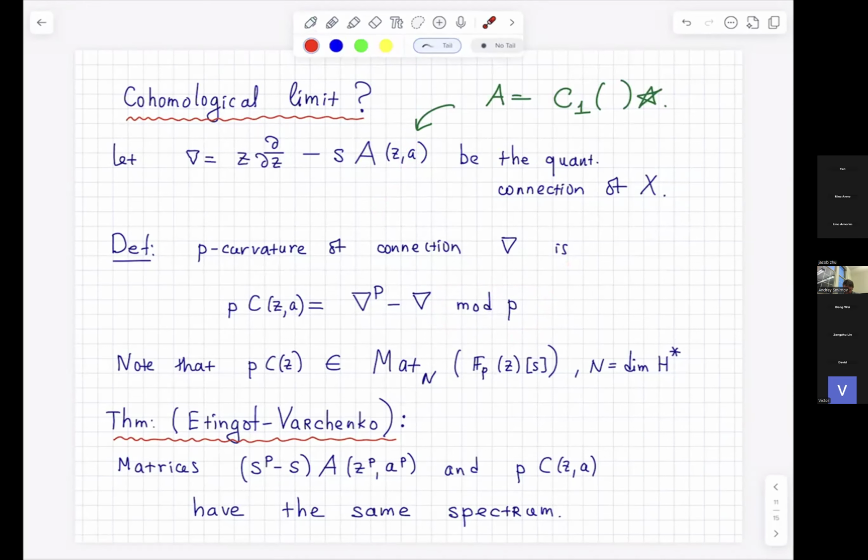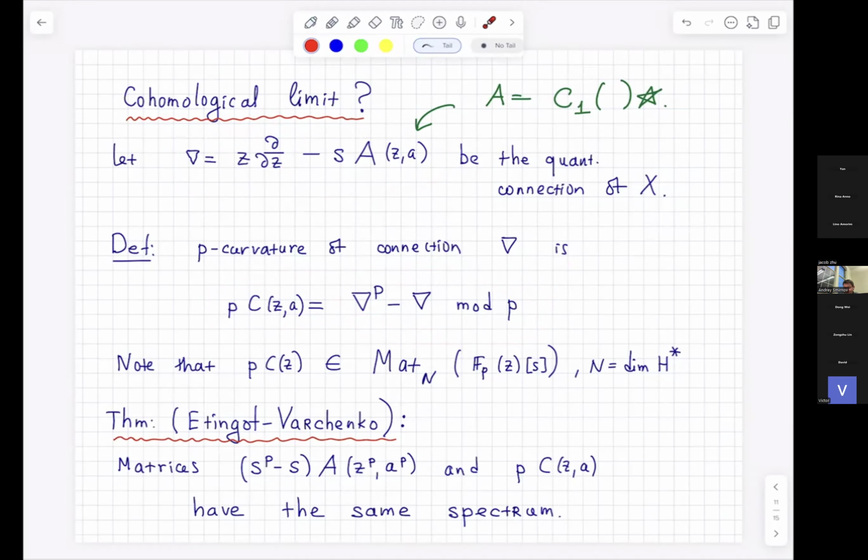If I have a rational number that doesn't have powers of p appearing in its denominator, we understand what it means to reduce it mod p. And so there are some assumptions here. But anyway, if you understand what it means to take mod p, then you can easily check that if you start from a differential operator, the result is just a matrix.